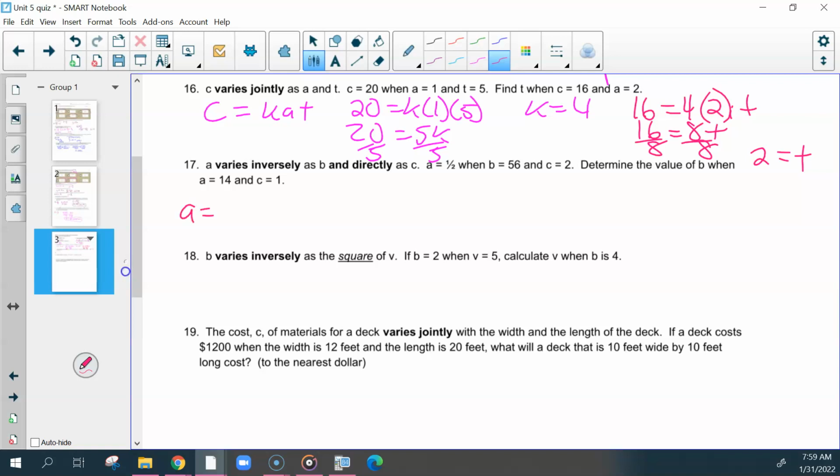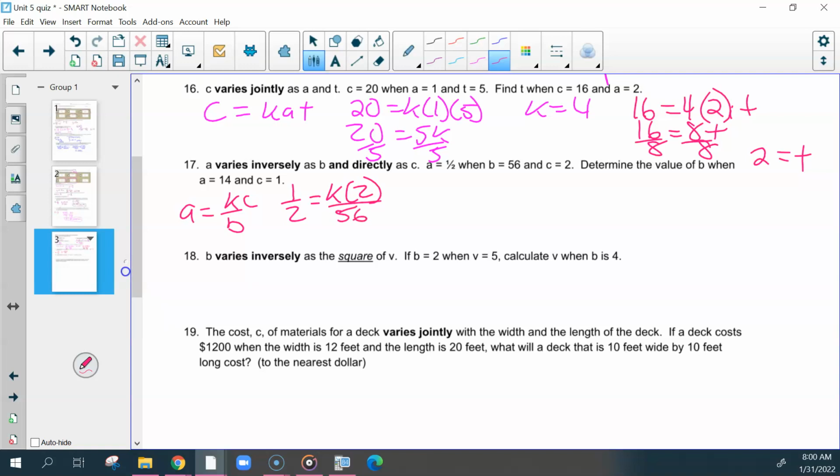So A varies inversely as B and directly as C. Put the C next to it, or in the numerator. And then we have A equals 1/2. We don't know our K. We know our C is 2. We know our B is 56.